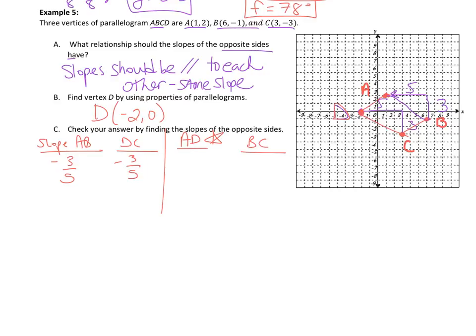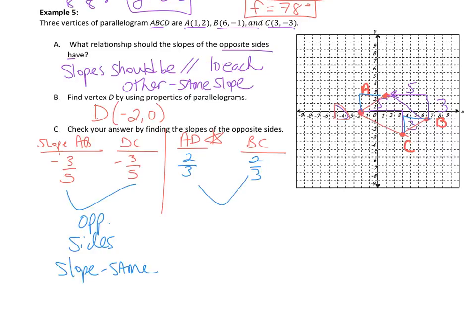You could use the slope formula, but if you count on your graph, you go up 2 and to the right 3. If we do the same thing for BC, it should also be up 2 and to the right 3. We can see that these last 2 slopes are also parallel to each other, which means that our sides are going to be parallel.